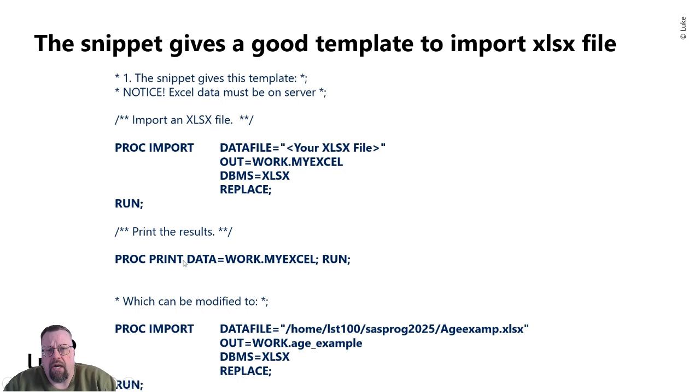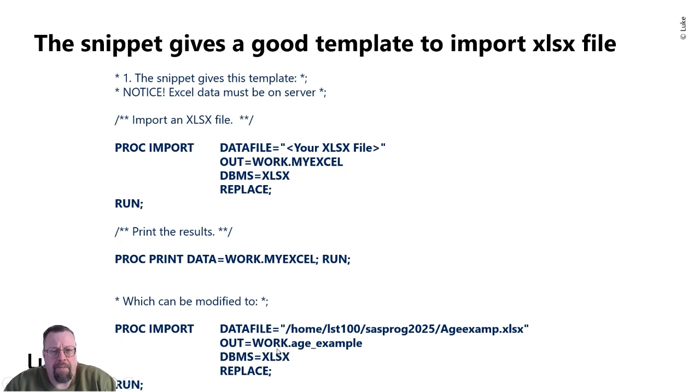And here we have another piece of code where we have filled in these details. So we have filled in the file path as well as the name of the Excel file, remember to include the extension here. We are saving the resulting file into work folder.